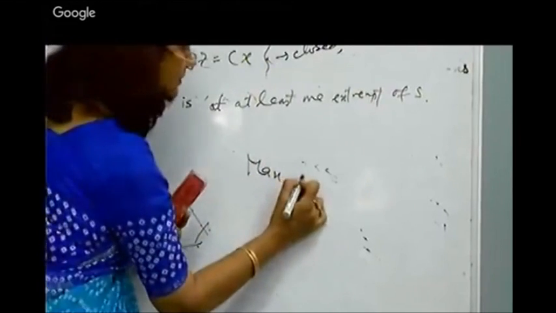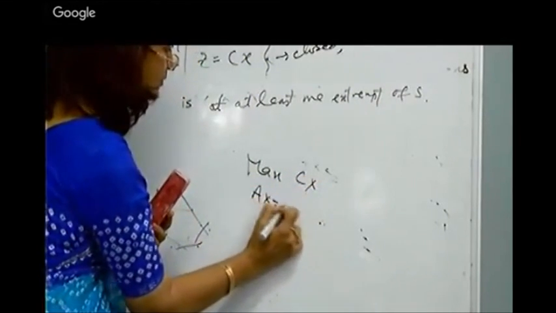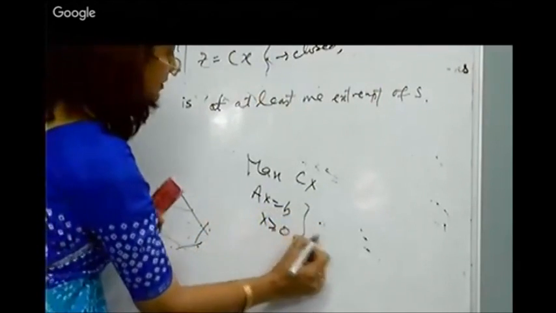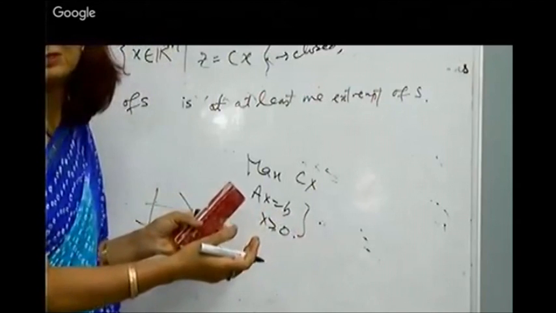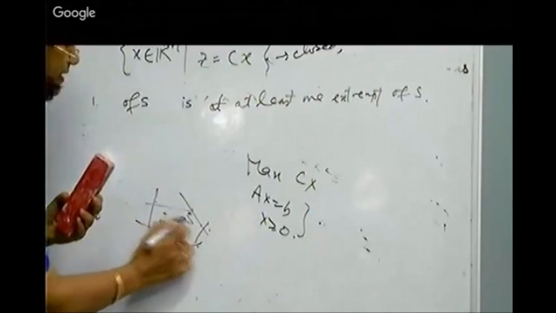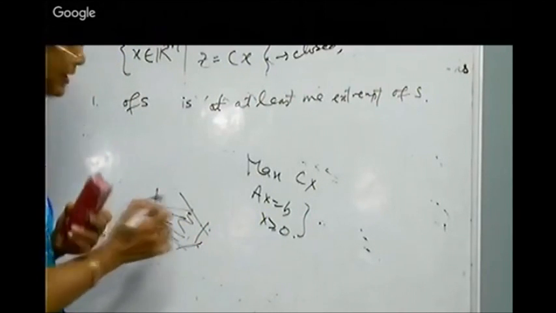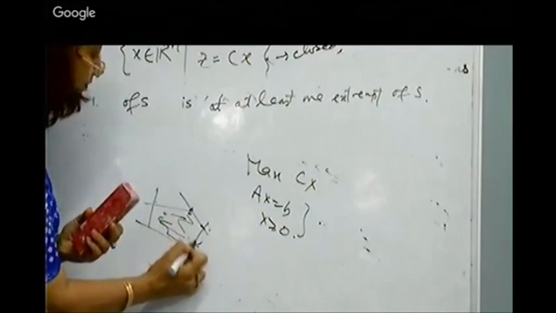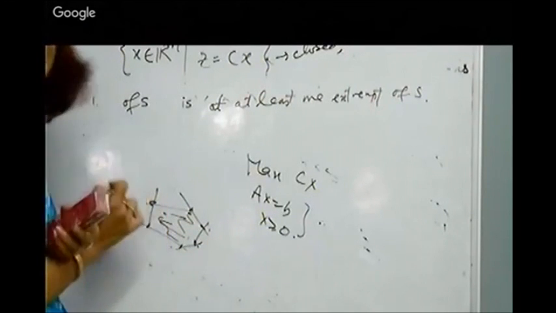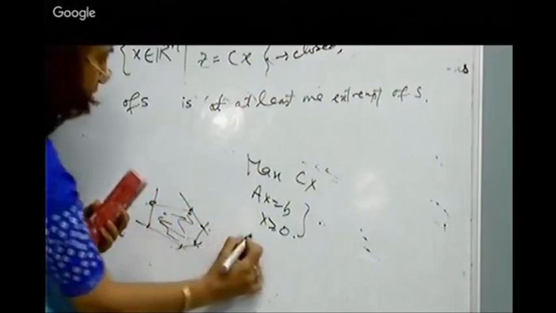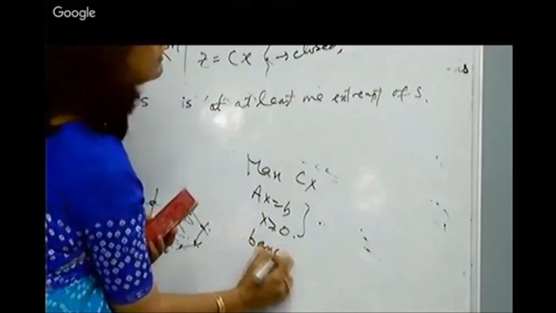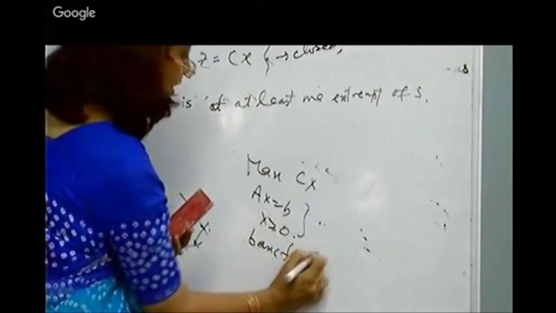So if you have this thing subject to Ax equal to b, x non-negative, right? Then we'll define, we already have the concept of feasible solution. It means I have the whole set here. This is my Ax equal to b, x non-negative. I want to talk of these points here, which are extreme points. They correspond to basic feasible solution, as the term comes from there.